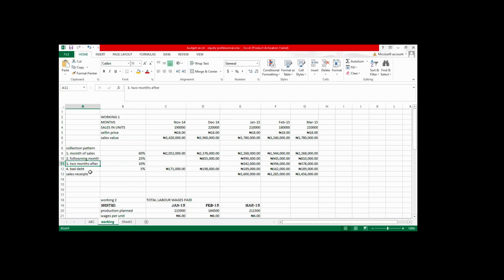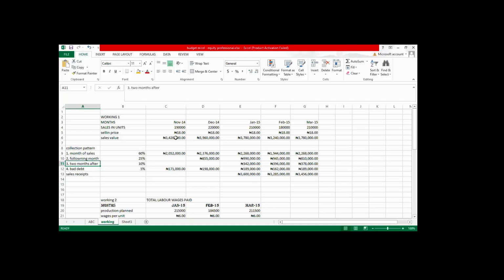Examiner says 5% is irrecoverable, and that represents bad debt. Is that clear, please? Yes, sir.